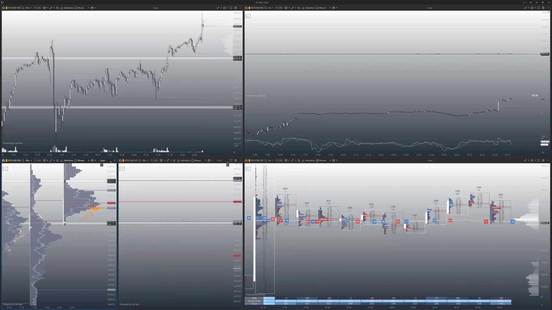That's when it's happened. That's maybe the start of a trend change to the downside. But so long as it has not happened, we are looking for the long.